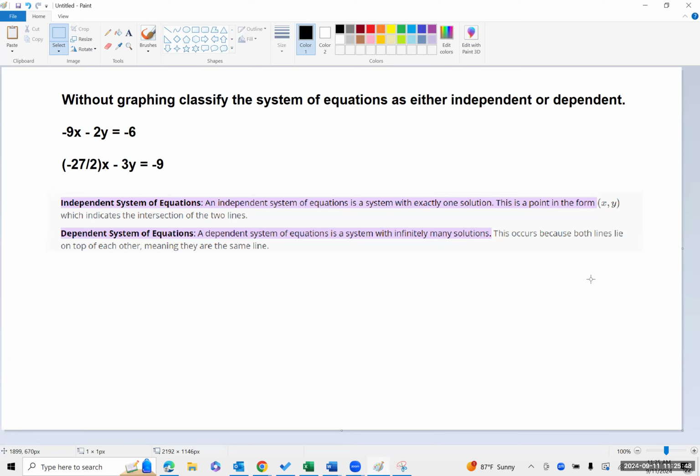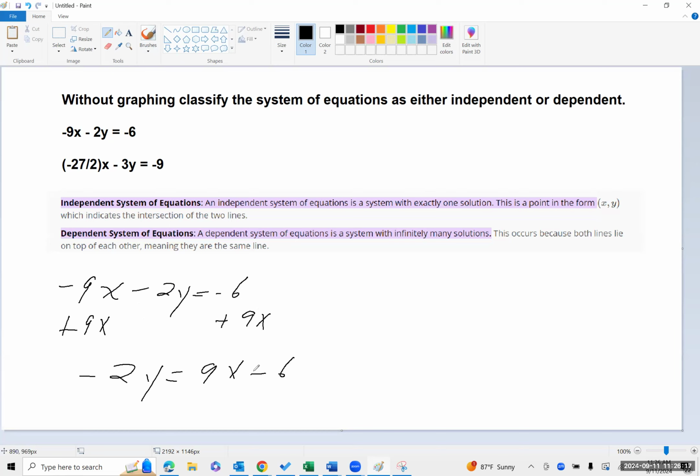So to do that, I'm going to take each equation and write them in slope-intercept form, because that yields the two pieces of information I need to be able to answer the question. Namely, what's the slope and the y-intercept?